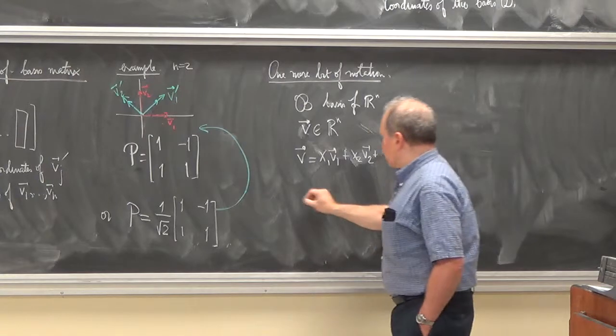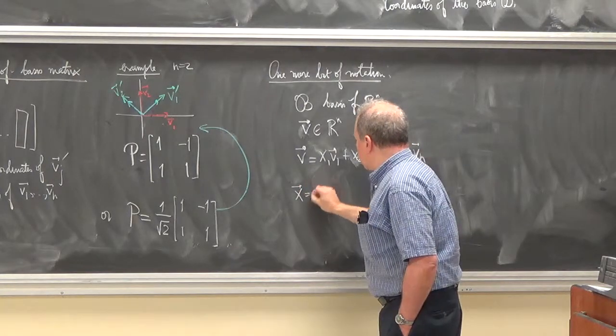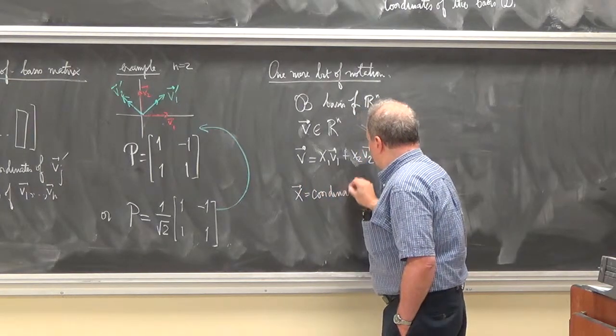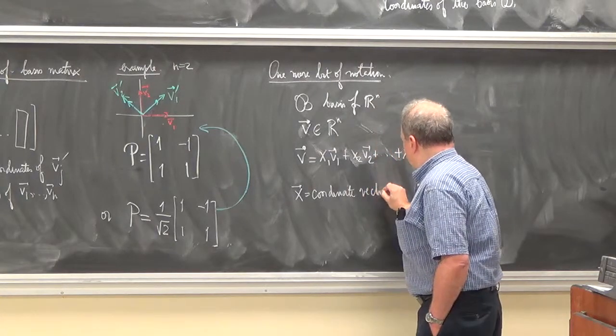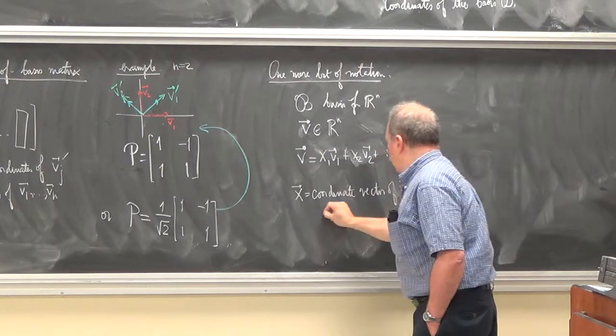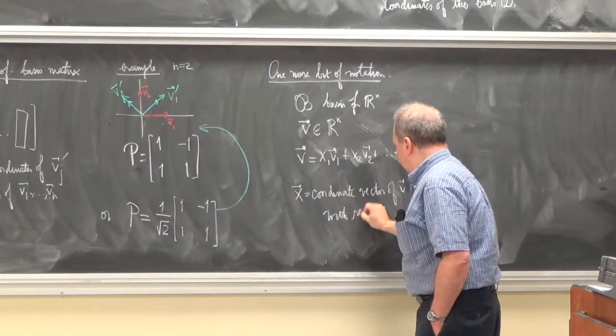So I would have a vector x, which is the coordinate vector of V with respect to this basis.